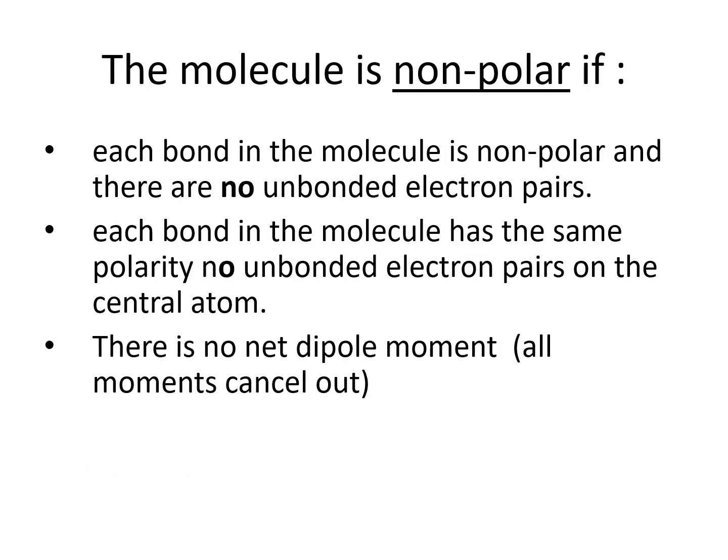So when we have non-polar molecules, that means there are no unbonded electrons. That means all the electrons have a pair. Each bond in the molecule has the same polarity, meaning no unbonded electron pairs on the central atom. So let's think of really quick, like NF3.